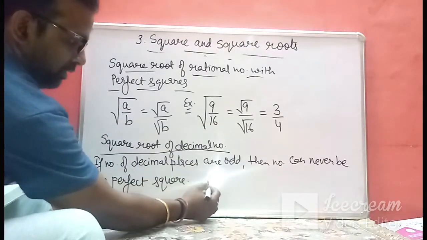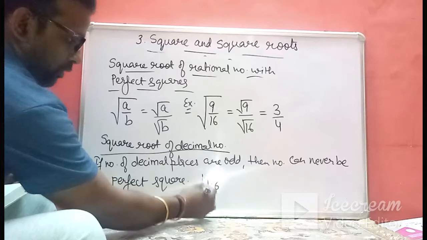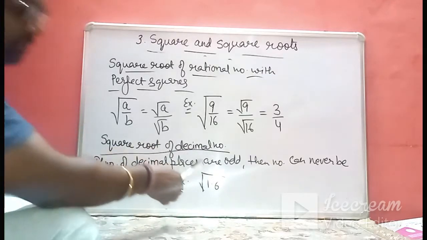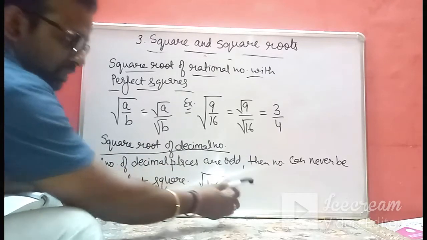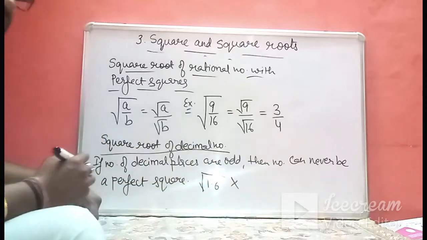Suppose I write 1.6, and I want to find the square root of this. See, after the decimal only one digit is there, so it is not a perfect square.